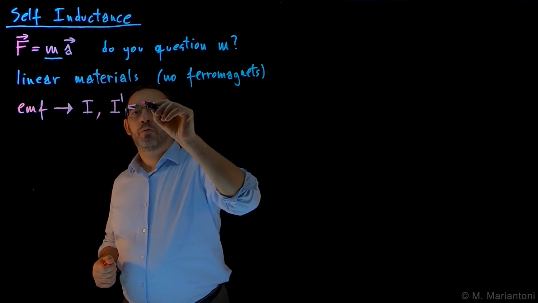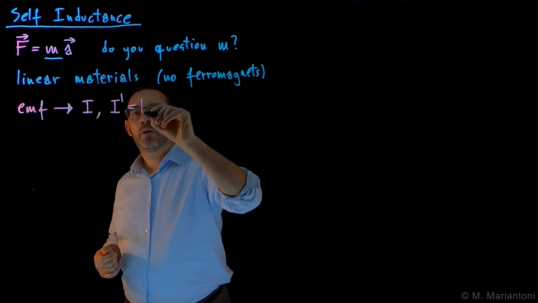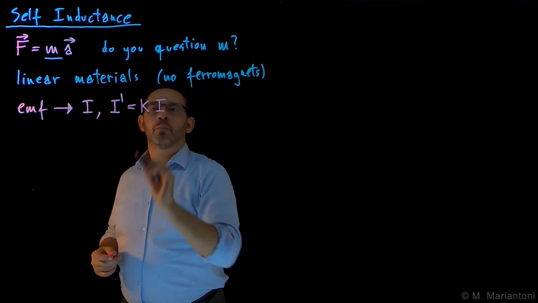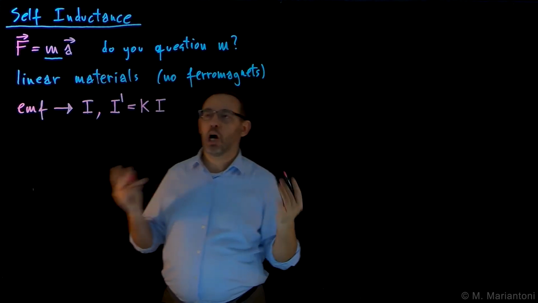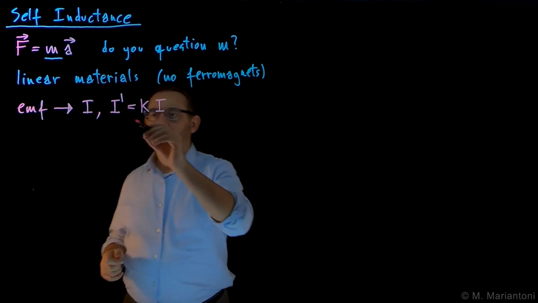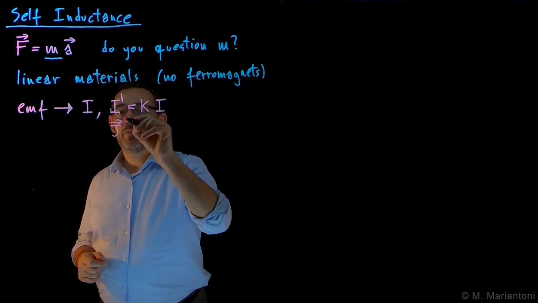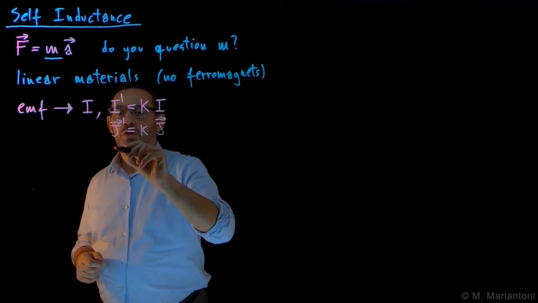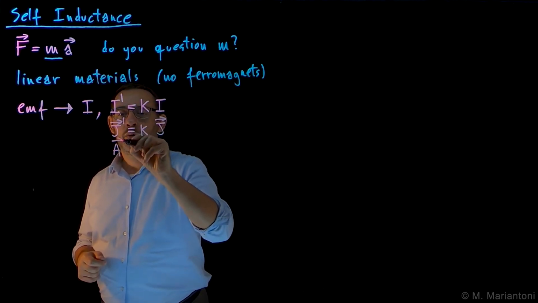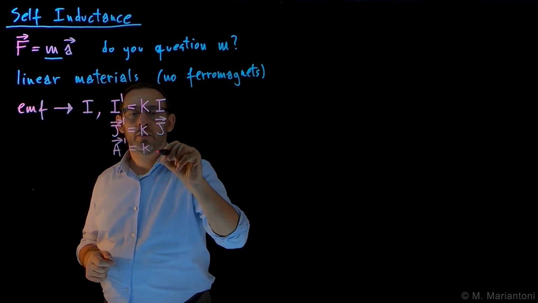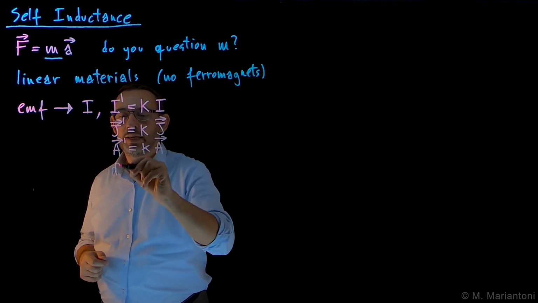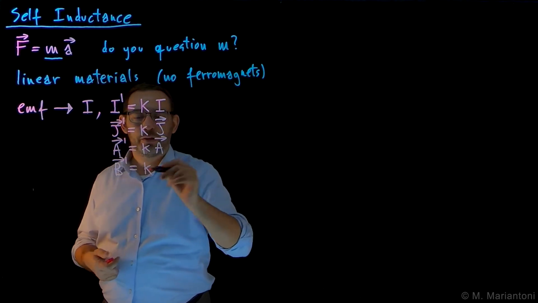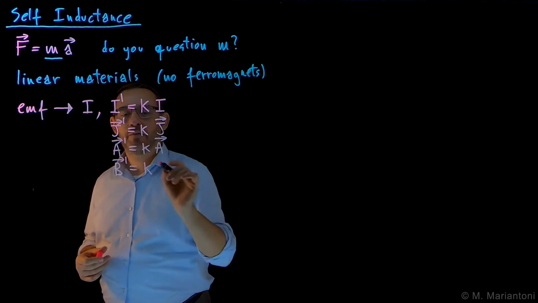This means that I prime will be proportional to I linearly by means of a constant k. Since everything is linear, j prime vector will be equal to the same k times j, and A and B will also scale with this k, because everything here is generated by this EMF.